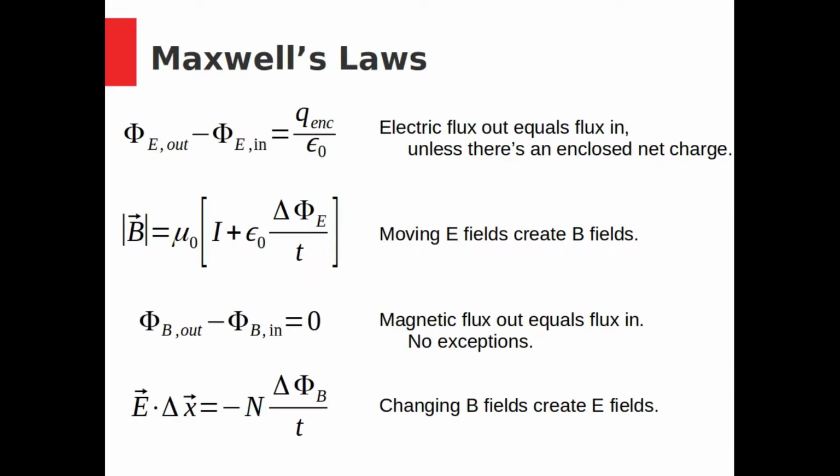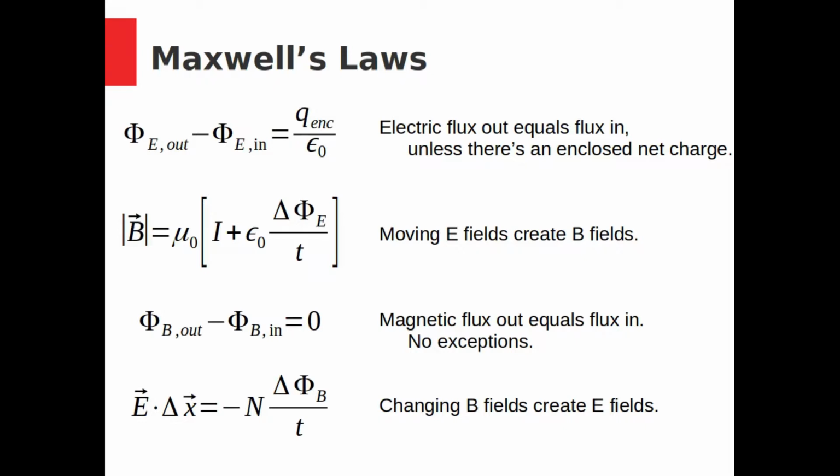At this point, you might be thinking that Maxwell just collected 4 existing laws, 3.5 of which were by other people. First, Gauss's law for electric fields: the electric flux entering a region of space, a Gaussian surface, equals the electric flux leaving that region unless the region contains a net charge. 2. Ampere-Maxwell.